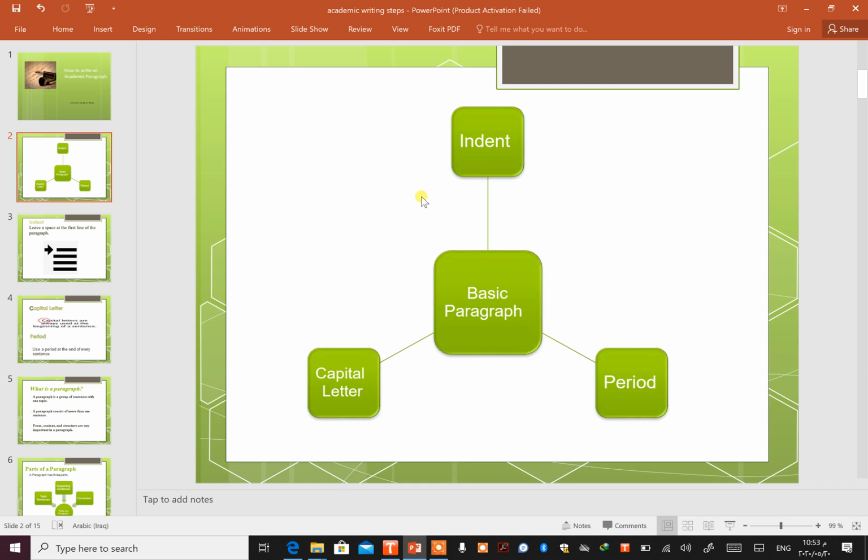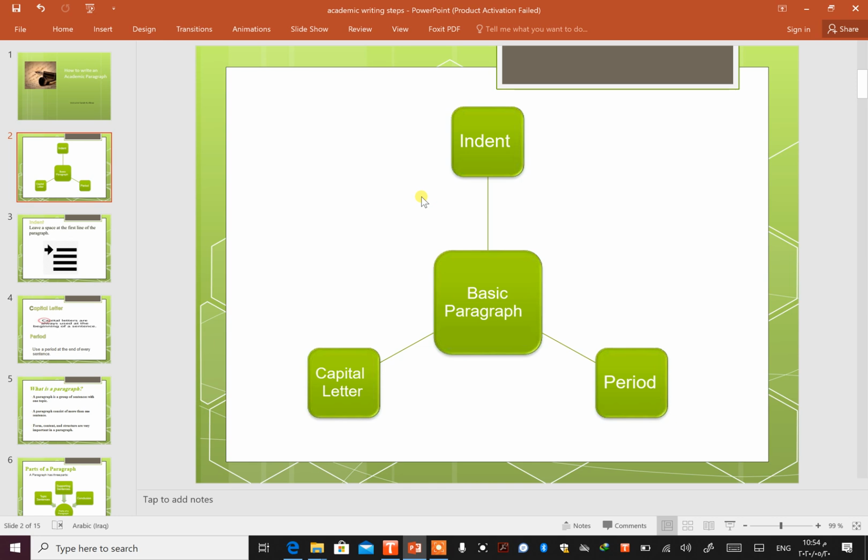Just remember that all proper nouns, either the names of people, names of cities, or names of things, you have to start with a capital letter. So you cannot, for example, write Europe with a small letter.